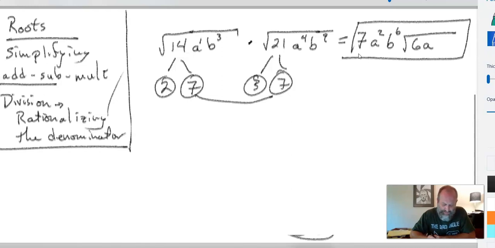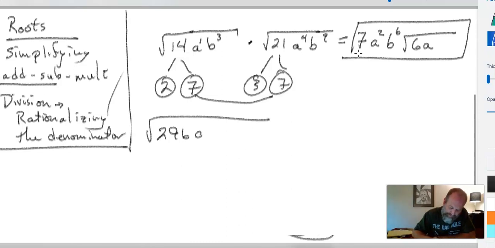Then you'd have an a to the 5th and b to the 12th. That's what you would end up simplifying if you multiplied first.